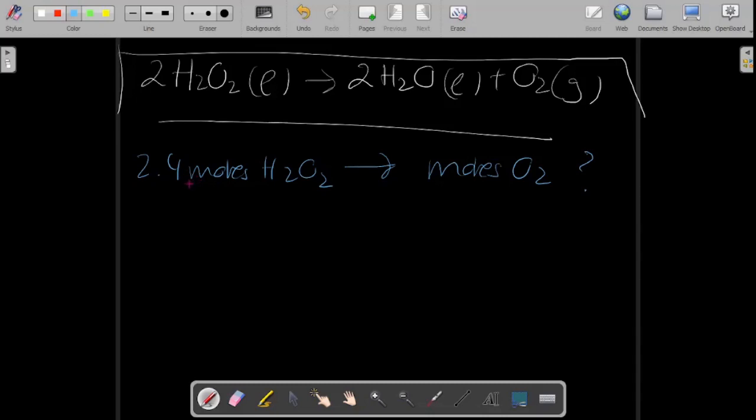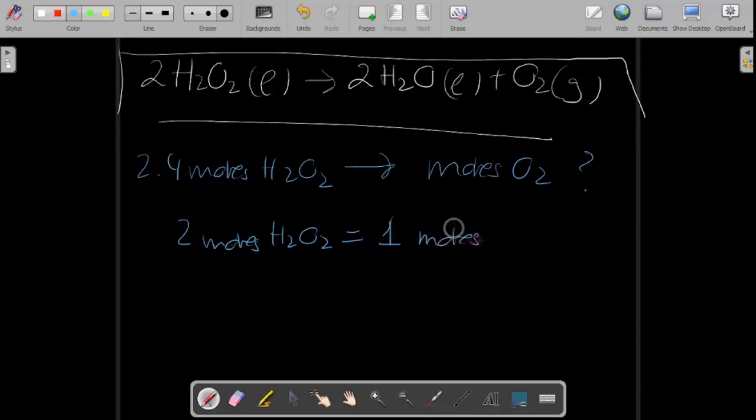Well, remember what I said to you. This is a recipe. A recipe means that you can put things together. The recipe says that 2 moles of hydrogen peroxide will produce 1 mole of oxygen. I'm putting the 1 there, but usually you don't put it there.